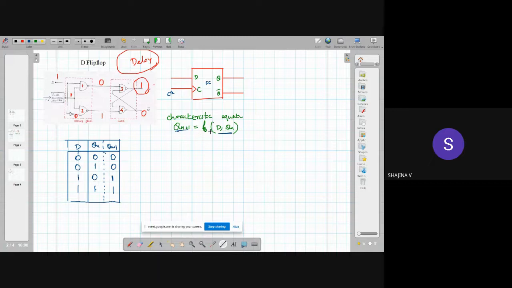Qn plus 1 we have to express in terms of d and Qn. Okay, so we have 2 variables. So we require a 2 variable K-map. So you can draw a 2 variable K-map.